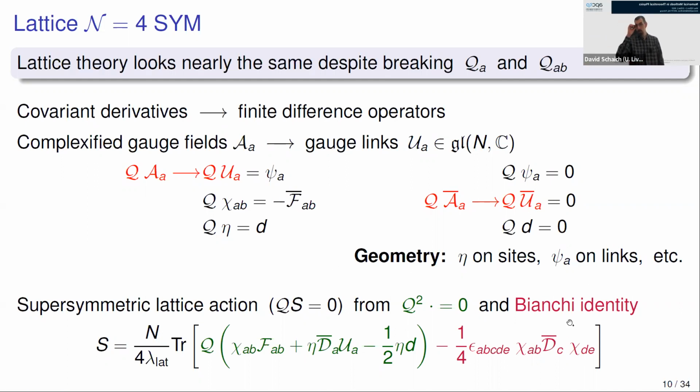Really all we need to worry about with this expression is that it remains supersymmetric. So the twisted scalar supersymmetry acting on this lattice action is identically zero. In the first set of terms in green, this follows from Q being a nilpotent operator and this being a Q-exact portion of the action.